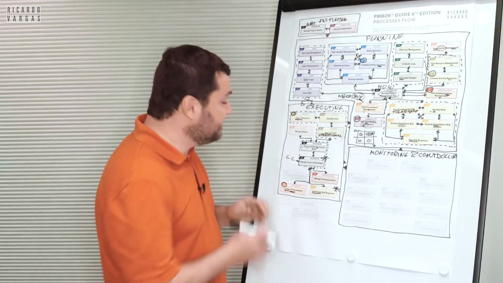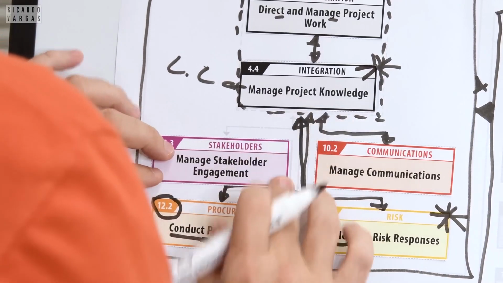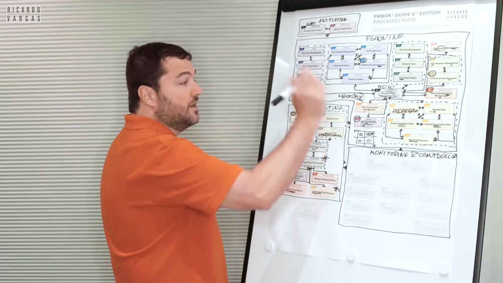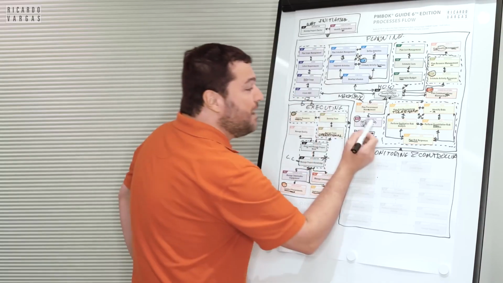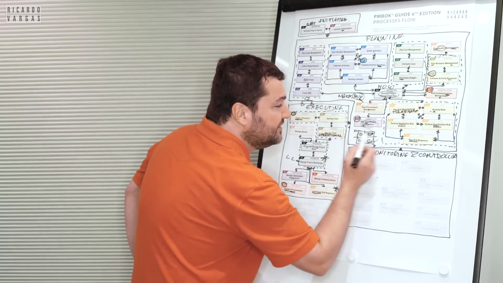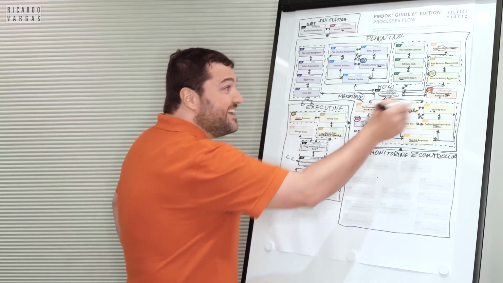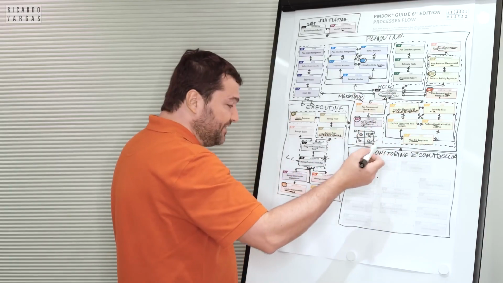Last but not least here in the execution, you manage the stakeholder engagement. So let's understand that. Identify my stakeholders here. I understood their power, their influence, their interests, and then I created a communication plan to manage my communication with them.